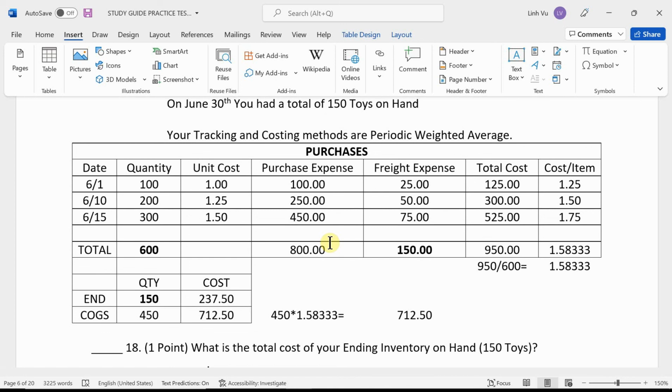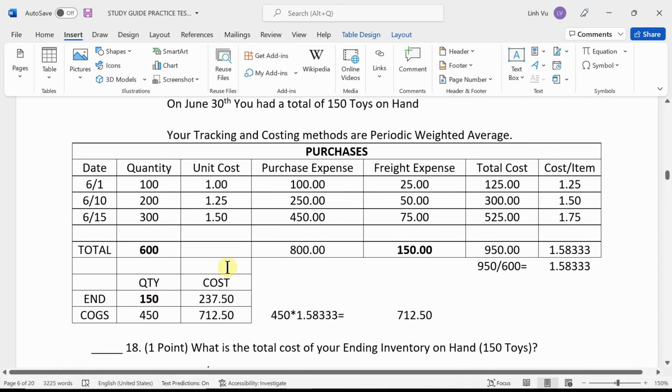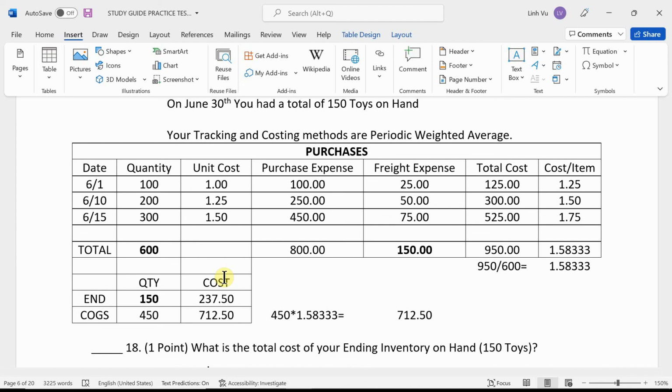No. When I bought my inventory, what did I recognize them as if this is periodic inventory?